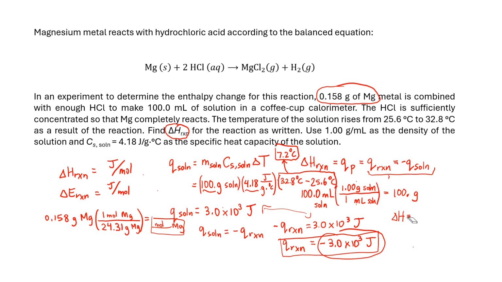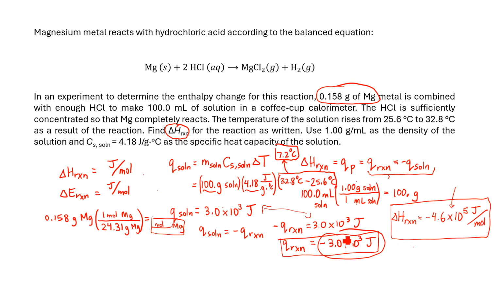So delta H of the reaction is now equal to negative 4.6 times 10 to the 5 joules per mole. Right, how did I get this number?